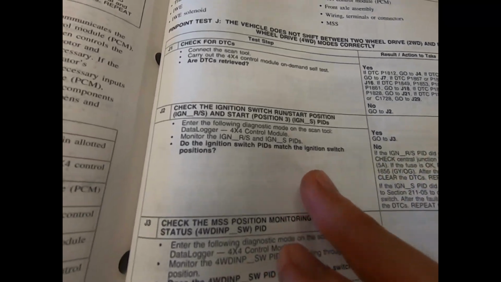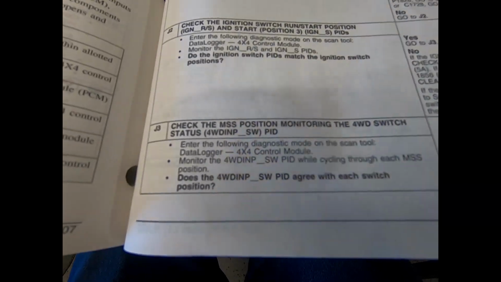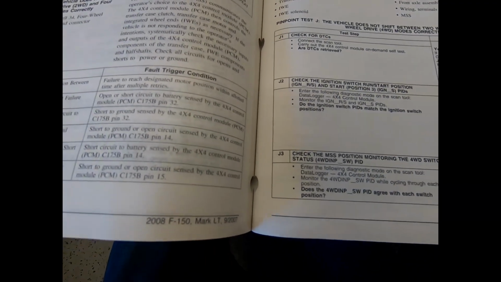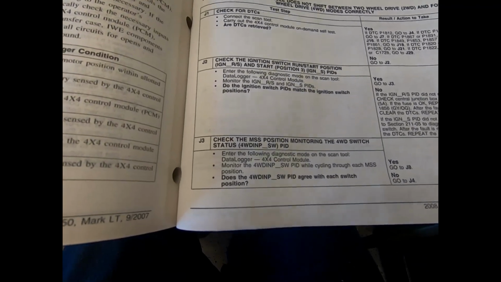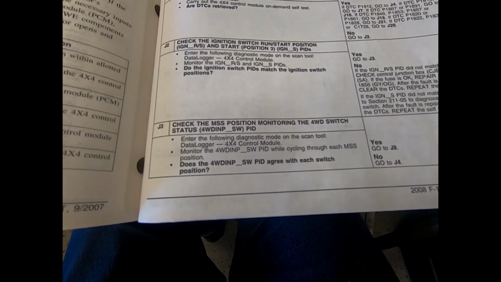Then it says to check the ignition switch run start position. This part's working fine. Check the switch position, monitoring the four-wheel drive status. It says to use the scan tool. I can't do that, so there's no way for me to tell. I suspect the scan tool would show me that it's not getting the signal to go into four-wheel high.